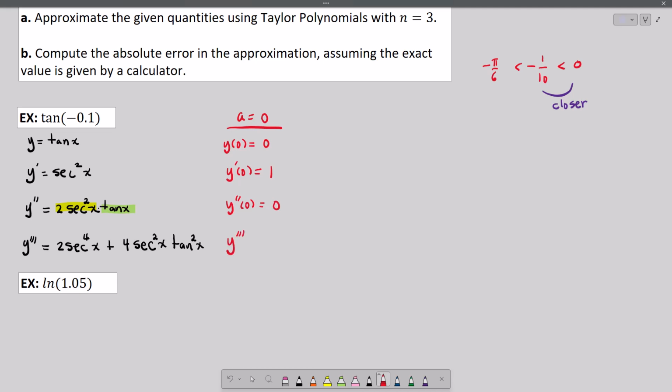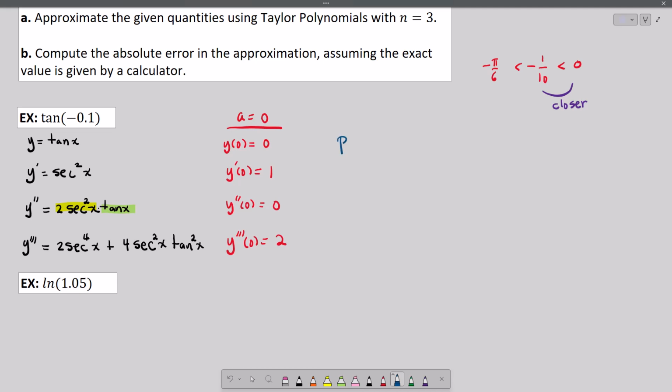And then we've got our third derivative evaluated at 0, which is going to be 2. This part will be 0, because tan of 0 is 0. Secant of 0 is the reciprocal of cosine of 0. Cosine of 0 is 1, so secant of 0 is also 1. So we'll get 2.